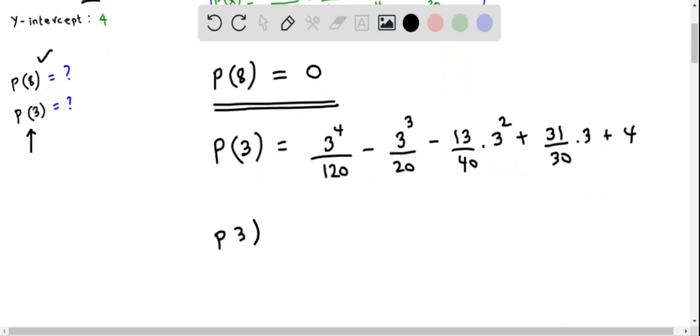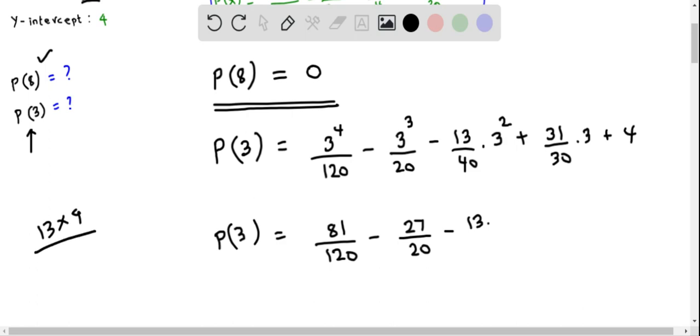So we get p of 3, and this equals 3 power 4 is 81, and this is 81 over 120, minus 3 power 3 is 27. This is over 20, minus 13 times 3 squared, which is 9. So 13 times 9 equals 117.